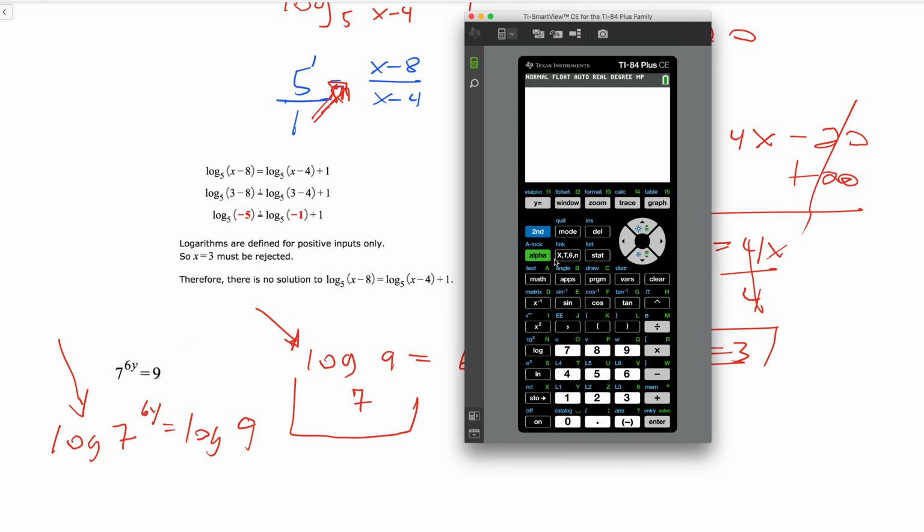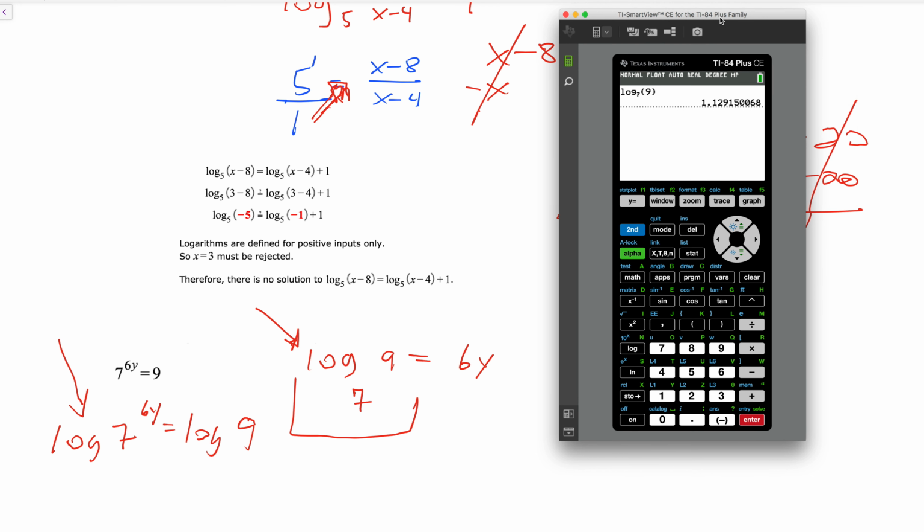You go math, and then we have log base 7 of 9, enter. So we have that right there, right?